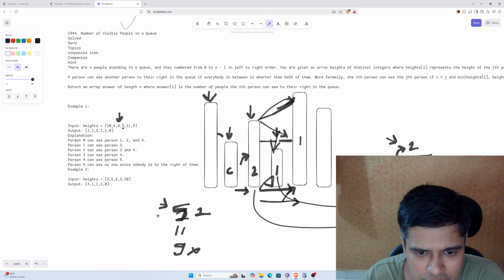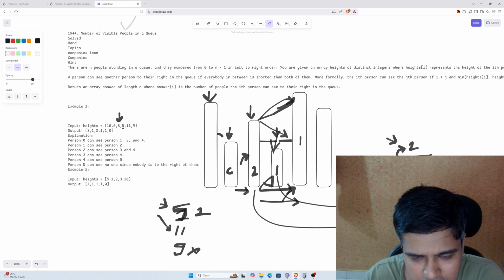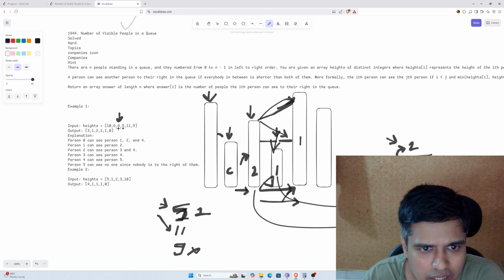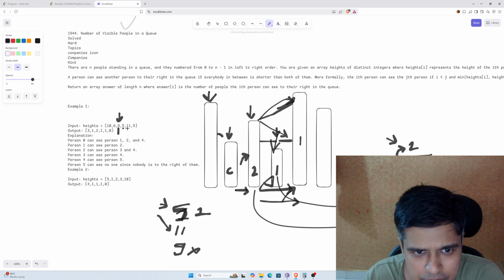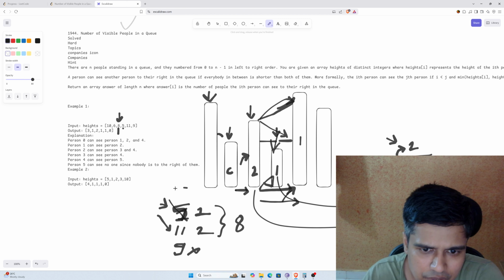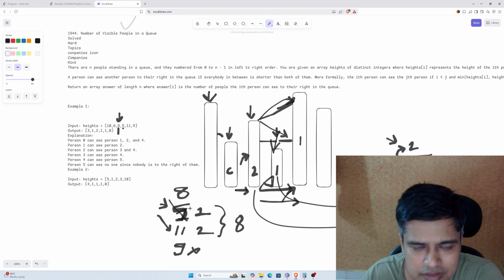And then it will also look for this because there are two numbers in between 8 and its rightmost number, so the value for 8 will be 2. Now this is gone because 11 is even greater than 8. 8 will sit like this over here.